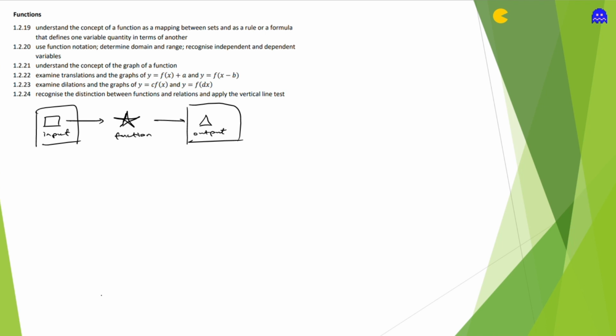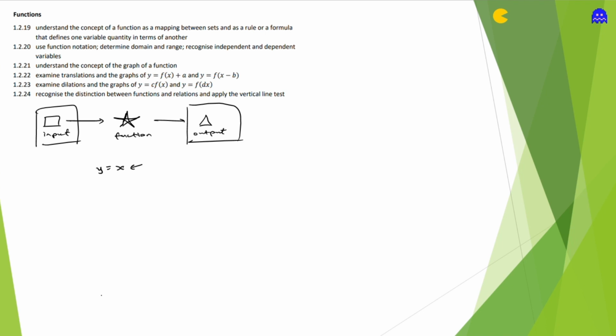In terms of a function, we've already looked at functions in terms of quadratic functions, trigonometric functions, and linear functions. Essentially, it's linking one variable to another variable. In the case that we were dealing with, we were looking at y being related to the variable x in some way.